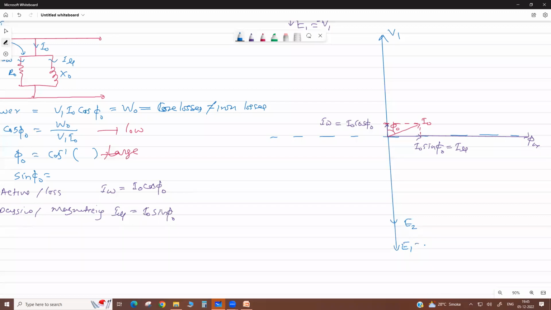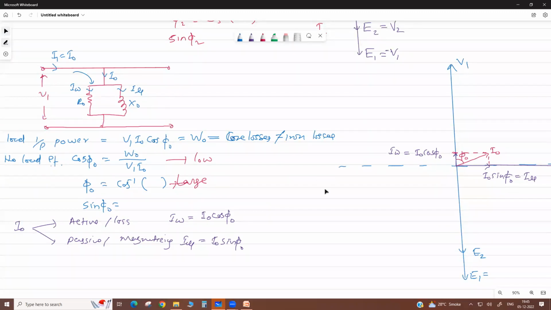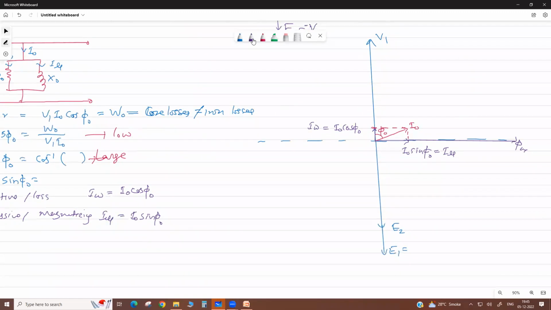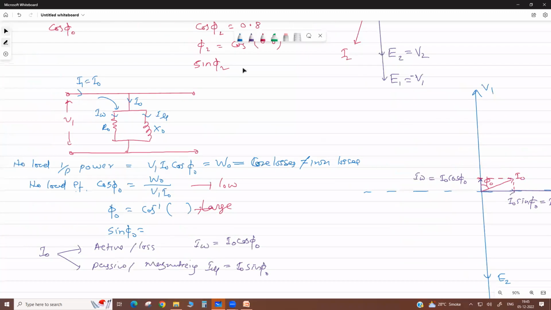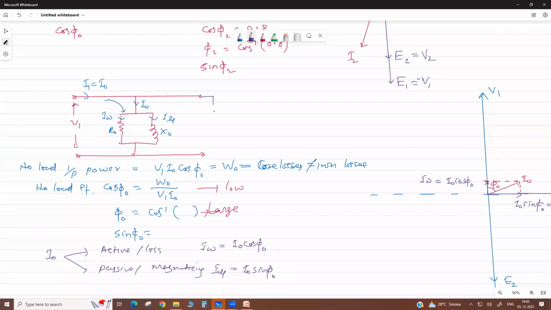Now, as you know, impedances are neglected. Impedance is not there here, so the drop is 0. Now suppose a load is there. If we connect a load on the secondary, then the terminal voltage becomes V2.